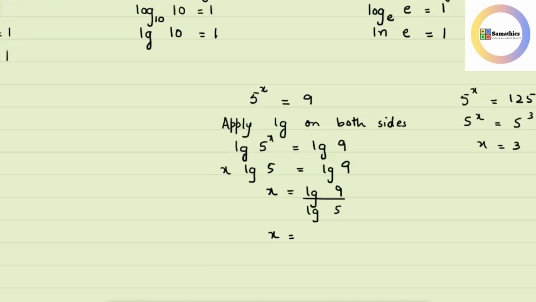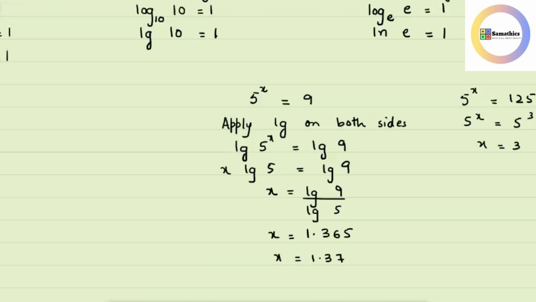You will get the answer 1.365. You have to write down the answers to three significant figures, so it will become 1.37. So this is the answer.